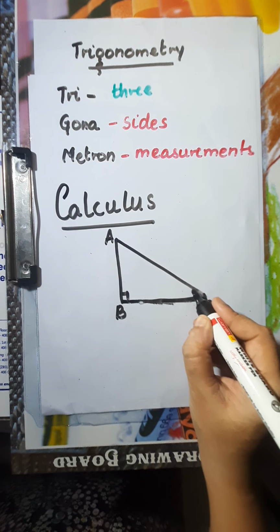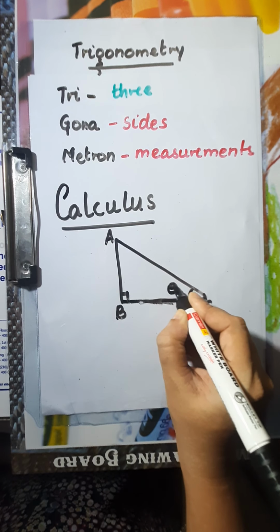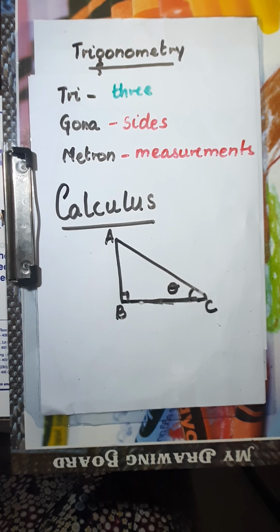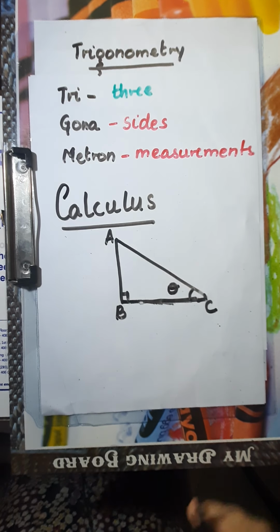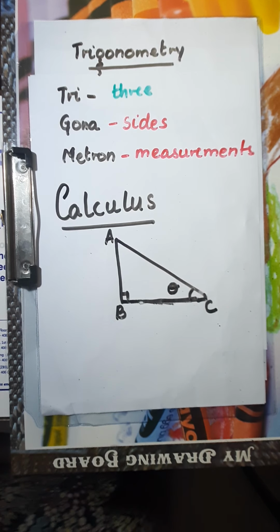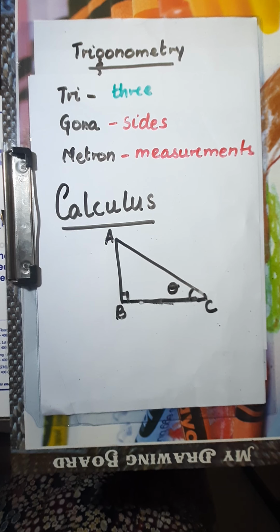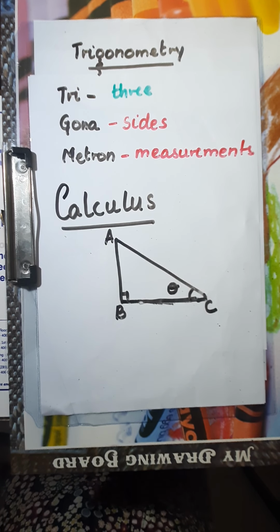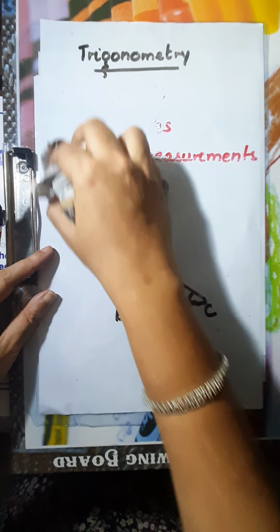Now this angle C, we will call it theta. If I had called it by any other name, you all would have said wow. But because I am saying theta, a lot of children will get scared of this term. But there's nothing to worry. Basically, we have to find out the ratio of sides. Now, we will start with this basic.